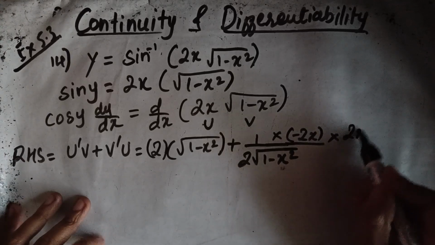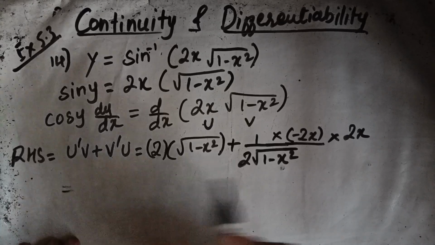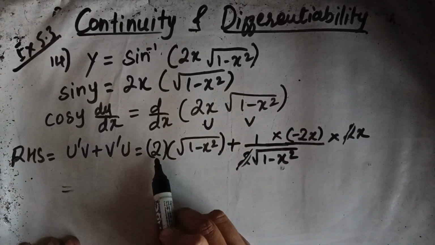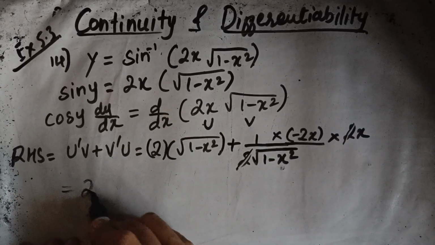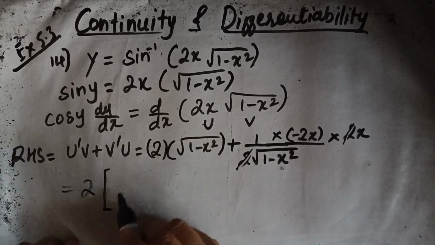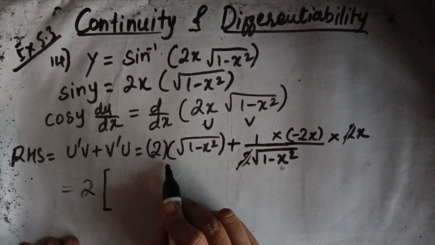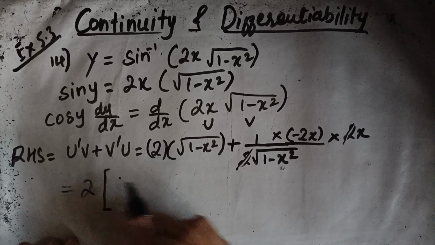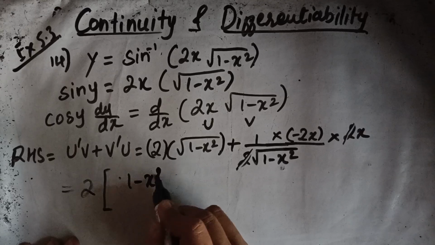U is 2x. Okay. So we will get 2 gets cancelled. Here 2 is there. So 2 you can take common. 2x. So x, I'll just cross multiply this. So we'll get 1 minus x square.